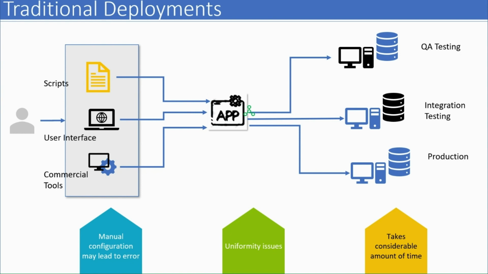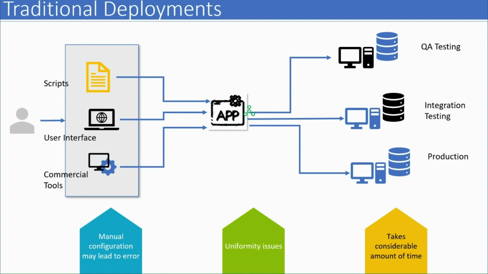Say for example, after a fix or after a new feature is introduced, if you want to spin up an environment for quick testing, definitely it will take a considerable amount of time. So these are some of the issues that normally people face in the traditional environment.